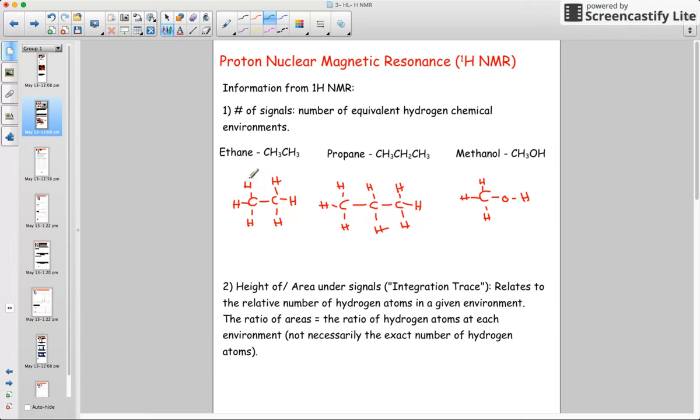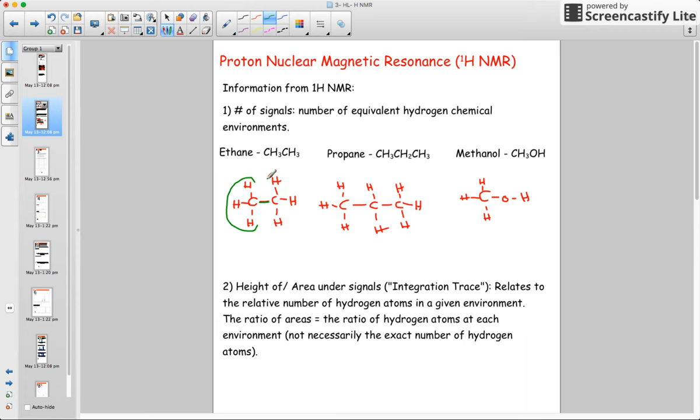So in ethane, you've got these three hydrogens that are clearly all in the same environment. They are all connected to this same carbon. The hydrogens that are connected to the same atom always exist in the same chemical environment. So these H's are on a CH3 group that is next to a CH3 group.